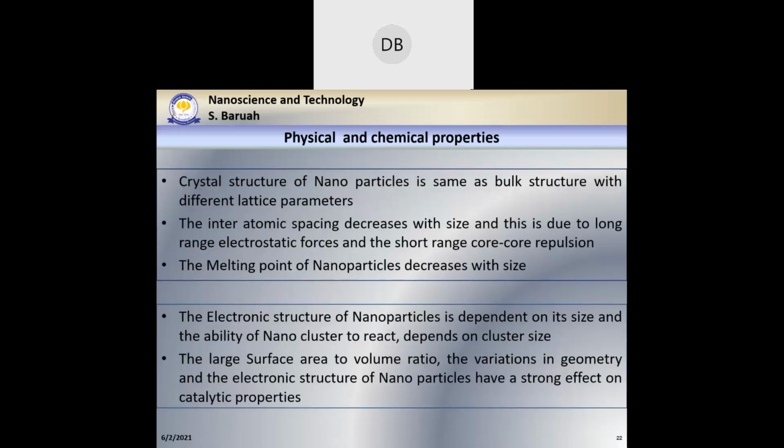All right. Now summarizing the physical and chemical properties. So the crystal structure of nanoparticles is the same as the bulk structure with different lattice parameters. That means you know about crystal structure, right? The arrangement of the atoms inside the material. Okay. So there are different ways of looking at it.